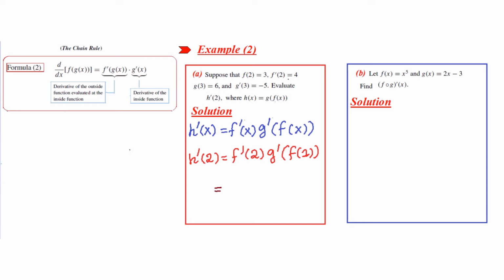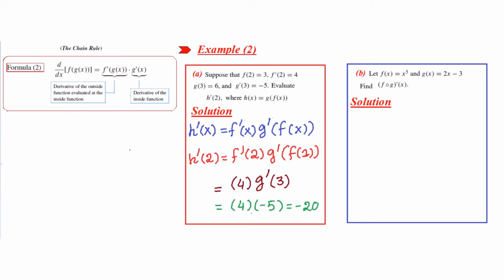F prime of 2 equals 4, and then we have g prime of f of 2. F of 2 equals 3, and g prime of 3 is given and equals negative 5. So we have 4 multiplied by negative 5, which equals negative 20.